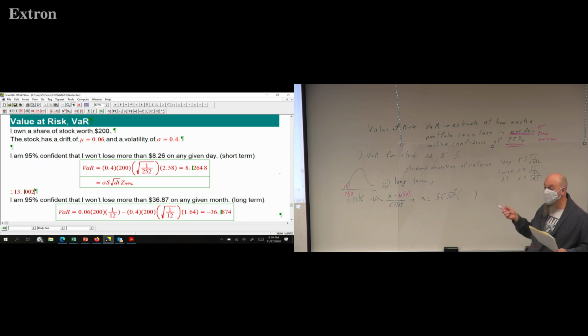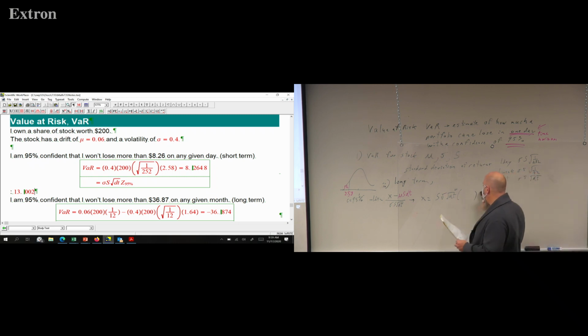But now I'm talking about straight cash, like dollar changes. So that's why the return times the stock. So in this case, when I solve for the X, the maximum, I'm going to end up with the expected return minus the 1.64, if I'm doing 95%, times the sigma S root dt.